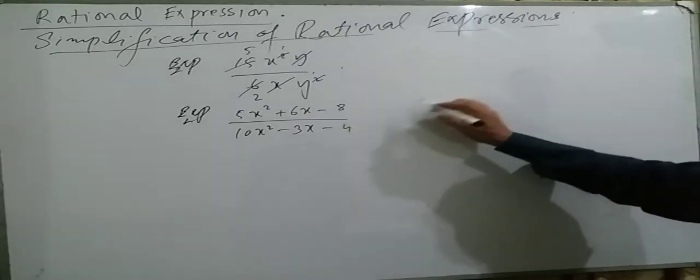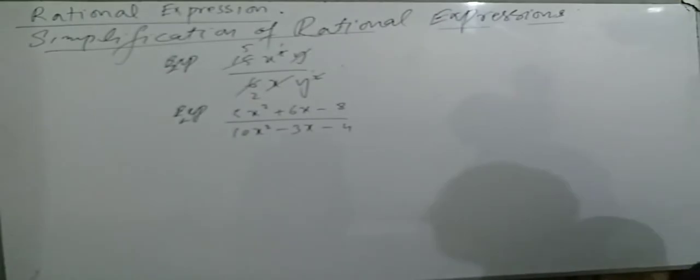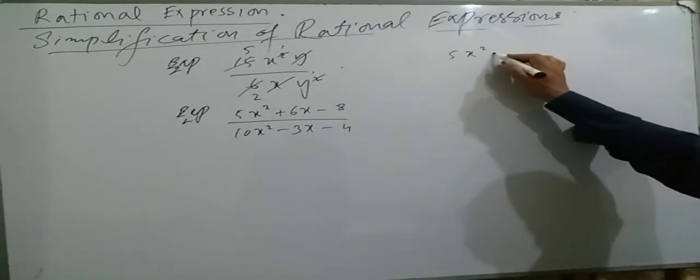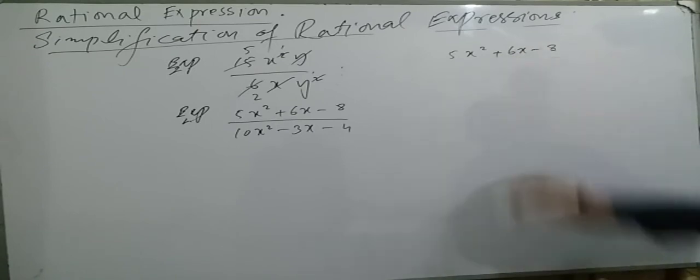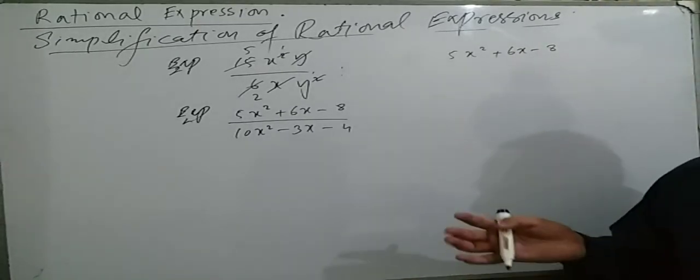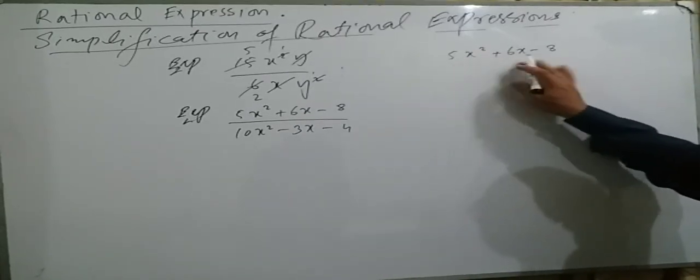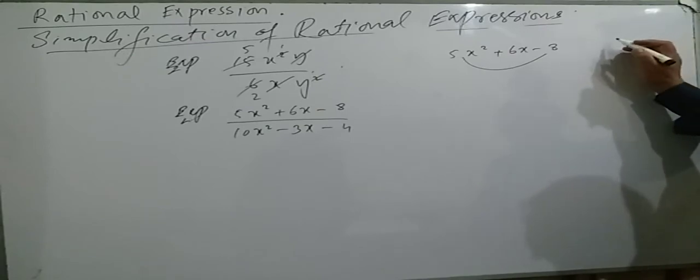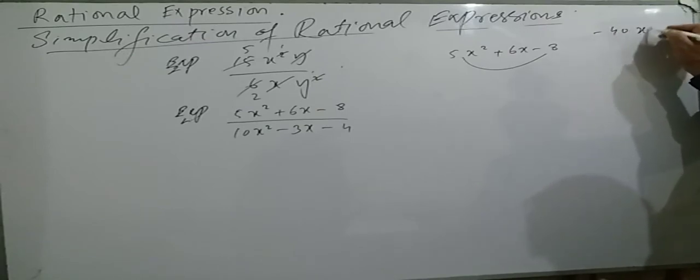We will make the factors of 5x square plus 6x minus 8. We have studied the factorization portion in Mathematics 1. The factorization of three terms: multiply first and last. 5 multiplied by minus 8, so minus 40x square.